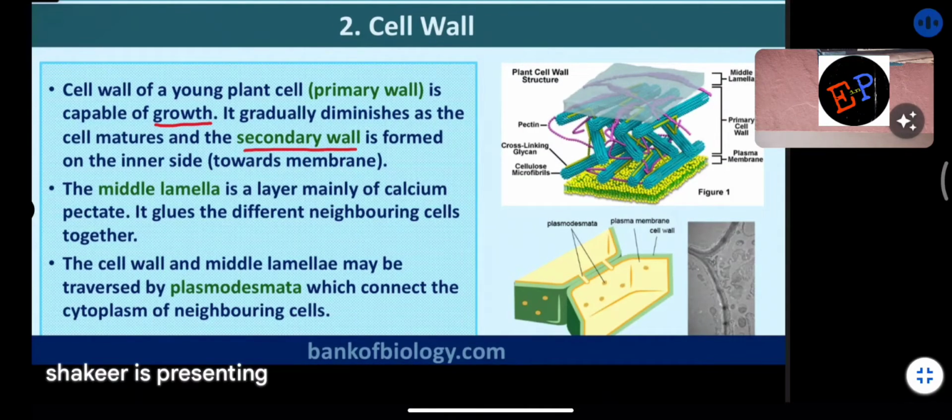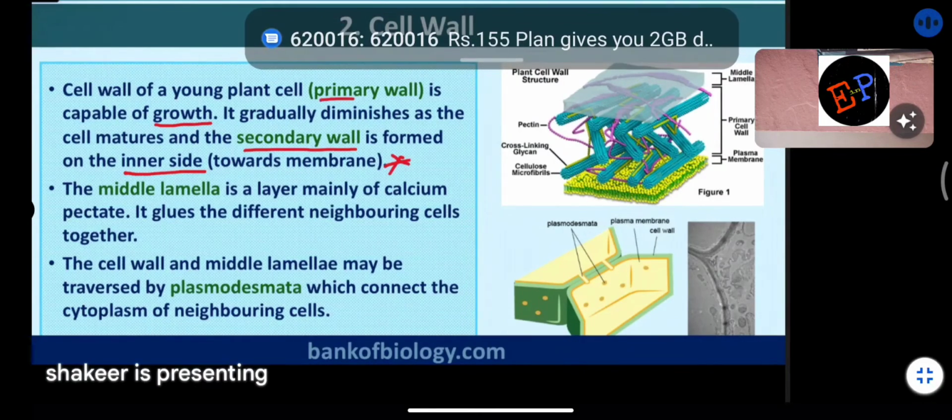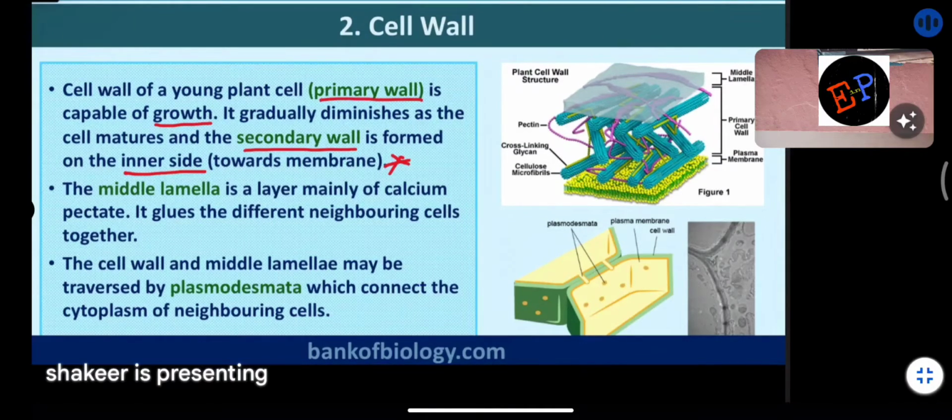It is formed on the inner side towards the membrane. So the secondary wall is present on the inner side of the membrane. What is meant by primary wall? The wall which has the ability to grow is called the primary wall. The wall which doesn't have the ability to grow is called the secondary wall.